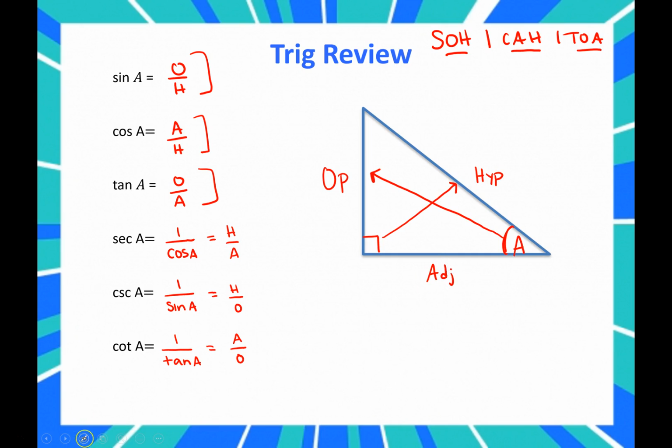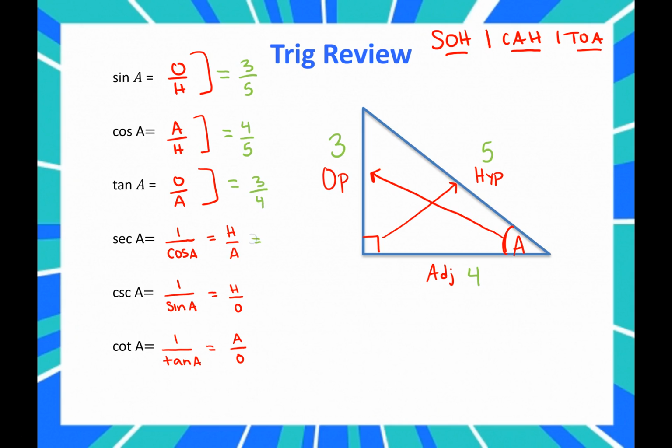Just for the sake of an example, let's call this a 3, 4, 5 triangle. My sine would be opposite over hypotenuse, which is 3 over 5. My cosine would be a over h, which is 4 over 5. My tangent would be o over a, which would be 3 over 4.